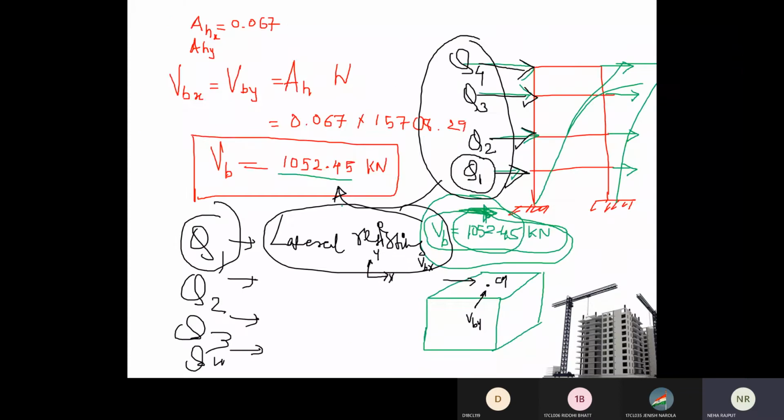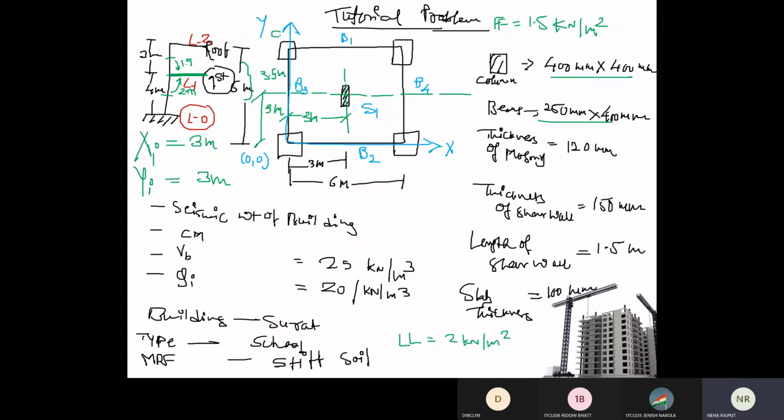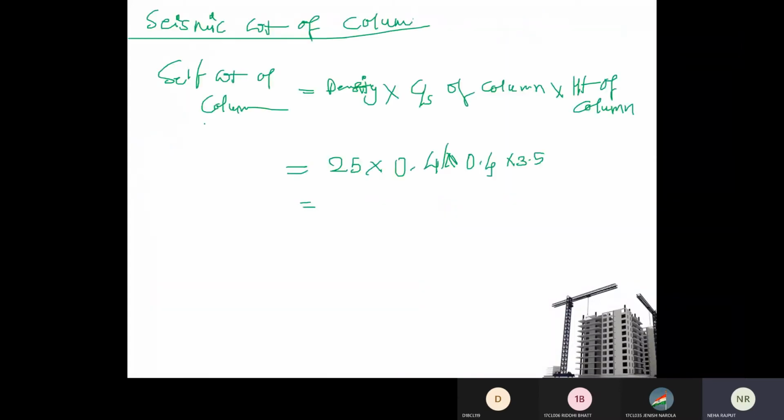Here you can give the columns notation as C1 column, C2 column, C3 column, C4 column. So what is this? 14. Column C1 is 14. Now I want the total weight of columns, because the height will remain the same and the cross section is also the same.